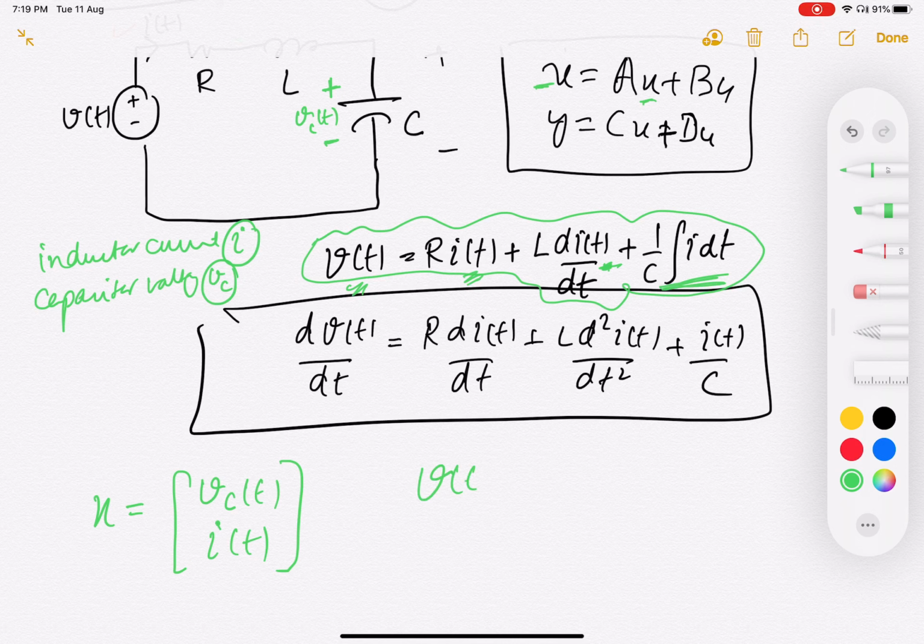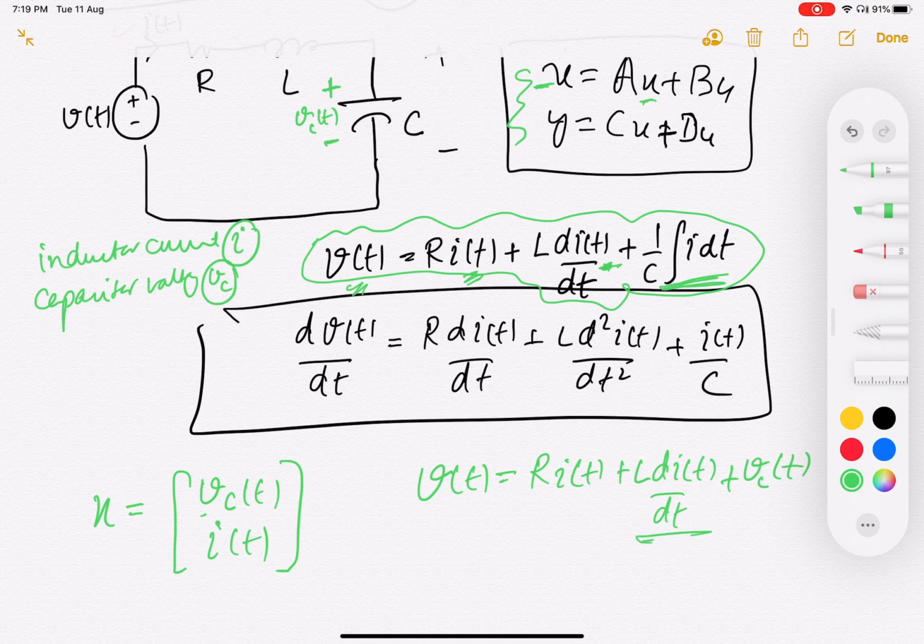So we write Vt is equal to R i(t) plus L di(t) by dt plus Vc(t). We write it with the capacitor voltage, because the capacitor voltage features in our state variable representation as it is a state variable, right?